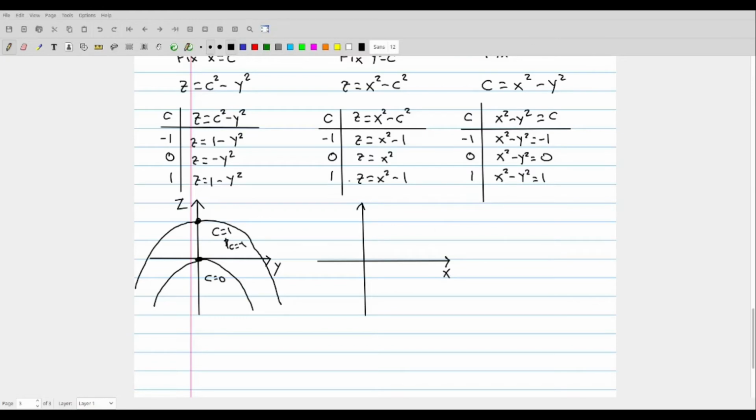Similarly, the y traces again are going to be in the zx plane. And we have that when c equals 0, the trace is the expression z equals x squared.